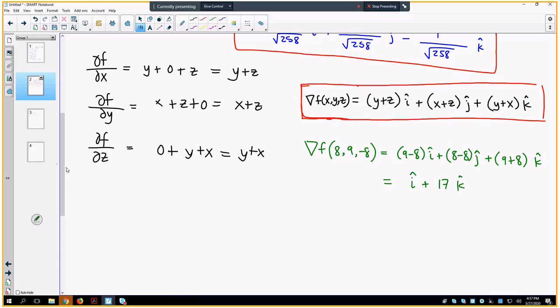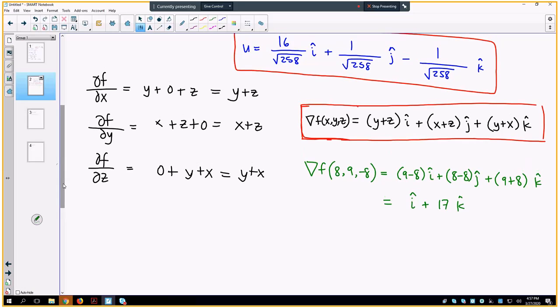Now I'm going to do the dot product. So I need to take the dot product of this vector that I just found with u.